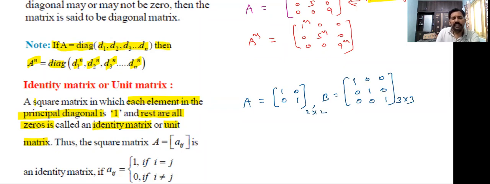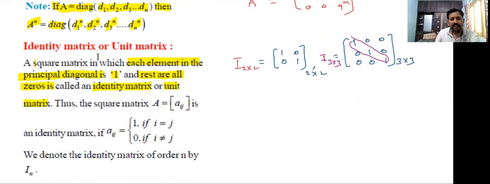Identity matrix is denoted by I. So here we can write I, 2 by 2 matrix. The second matrix also we can write as I, 3 by 3 matrix. Students, have you understood? Except principal diagonal elements, each and every element is 0, and all principal diagonal elements are equal to 1.